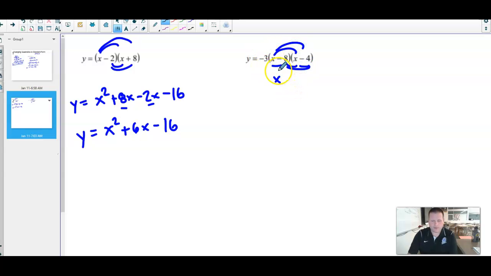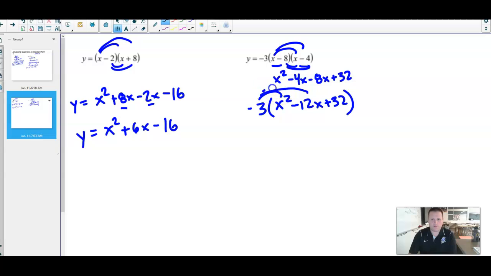Don't worry about the negative 3, so that'll give me x squared minus 4x minus 8x, and then plus 32, which will ultimately give me x squared minus 12x plus 32. And then I'm just going to put parentheses and negative 3, and then we're going to distribute this 3 through as well. So we would get negative 3x squared plus 36x, and then minus 96, and that is what y is going to be equal to there.